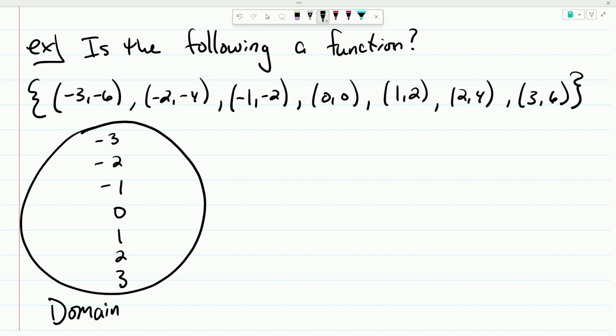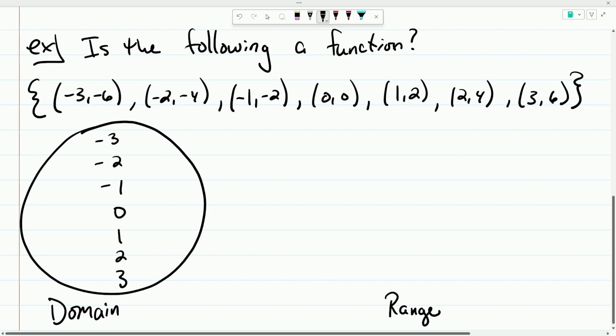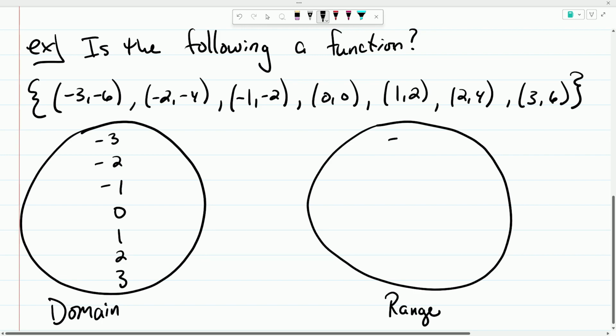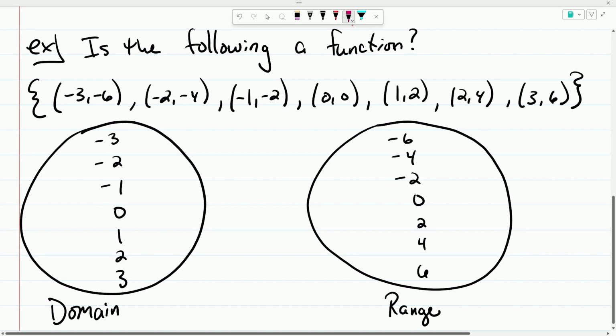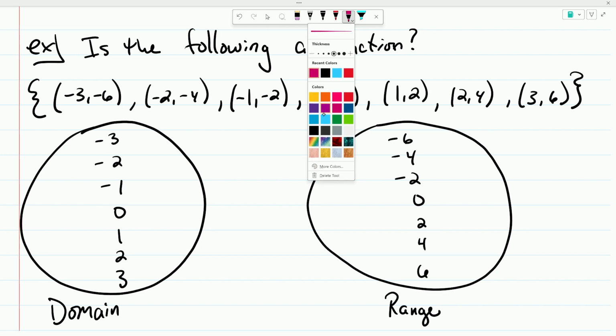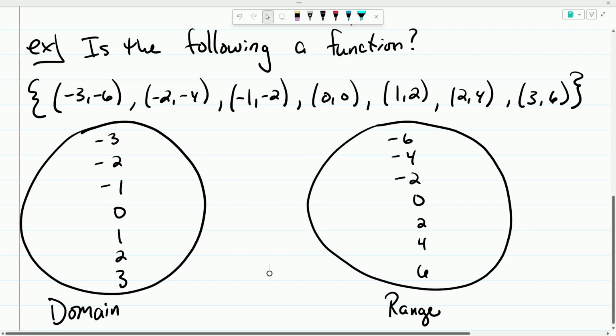Now, the range is all of the y values. So that's going to be -6, -4, -2, 0, 2, 4, and 6.